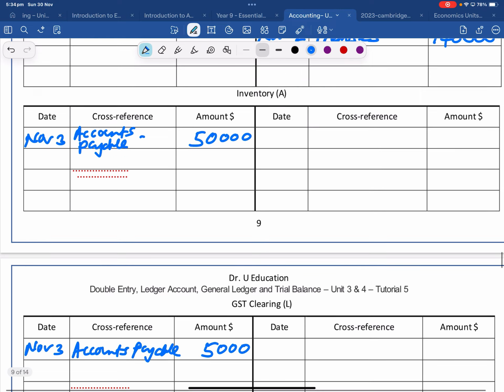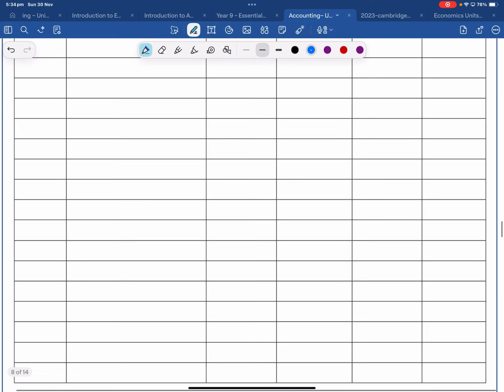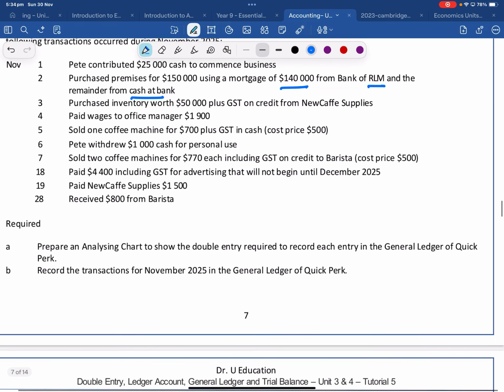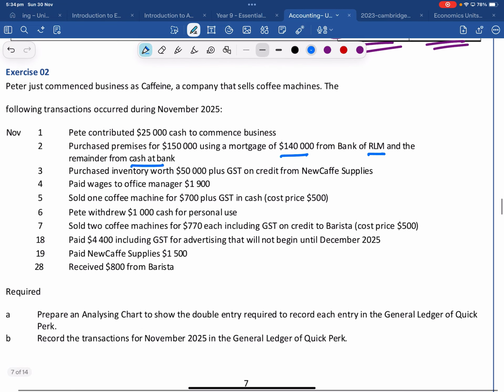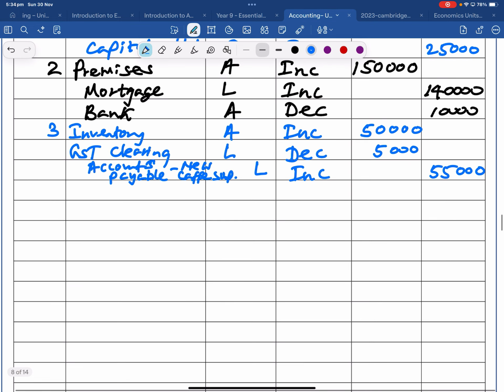Right, next one, guys. Paid wages to office manager 1900. Yes, what's the double entry? Wages. What happens? Wages expense. What happens?